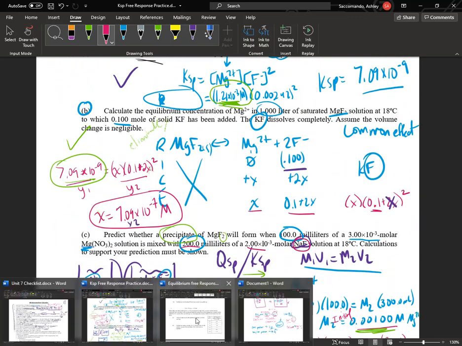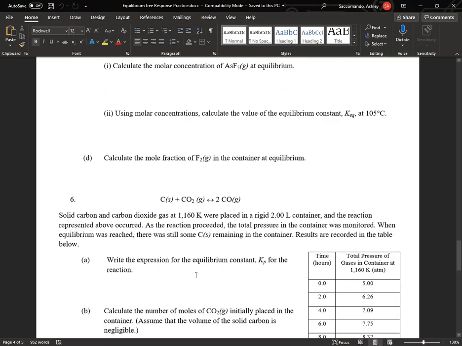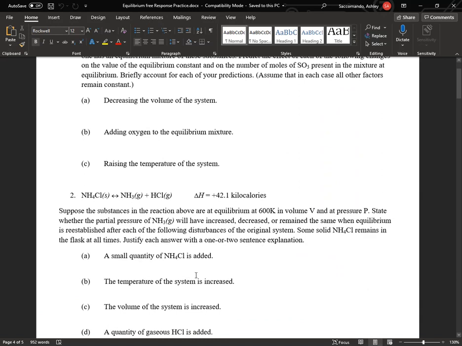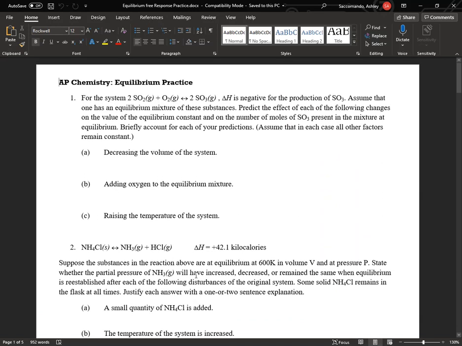Now let's switch over to equilibrium. And let's take a look. Okay, so Le Chatelier's. You're going to get like 2 or 3 Le Chatelier explanation type questions. What are some things that are definite, that are going to trick you if you're not paying attention for Le Chatelier's principle?